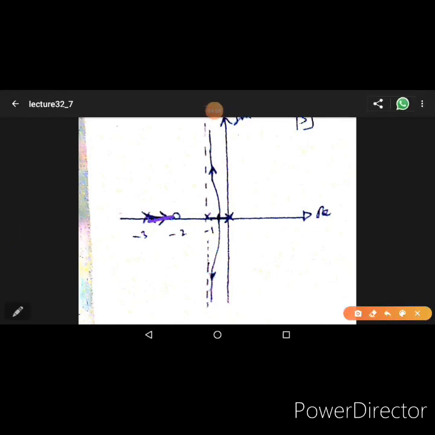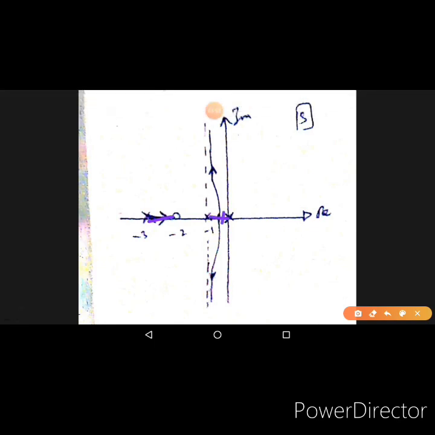So we draw this pole moving towards this 0, and then we have the breakaway point which you have to find. It will be in this range. The other breakaway points are discarded. The breakaway point that falls in the range between 0 and -1 is to be considered. So our breakaway point will be somewhere here, which you have to find.